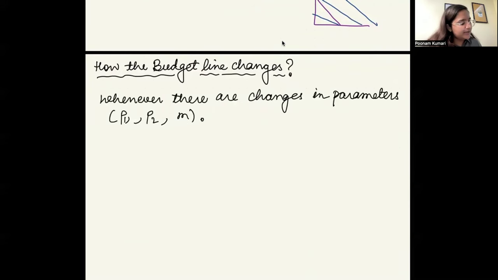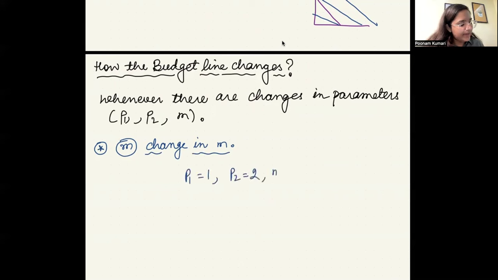First of all, let's try to keep our focus on income, right? Income, let's say M. Suppose only M changes. Change in M. So I will give you two situations, okay? Let's say initially P1 is equal to 1, P2 is equal to 2, and income is equal to 10.